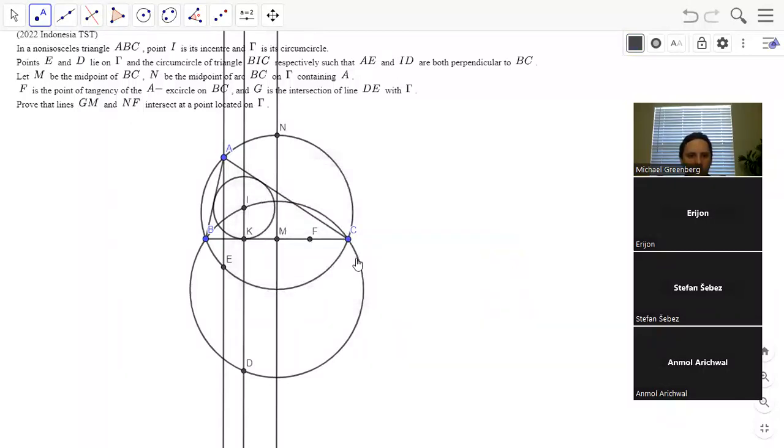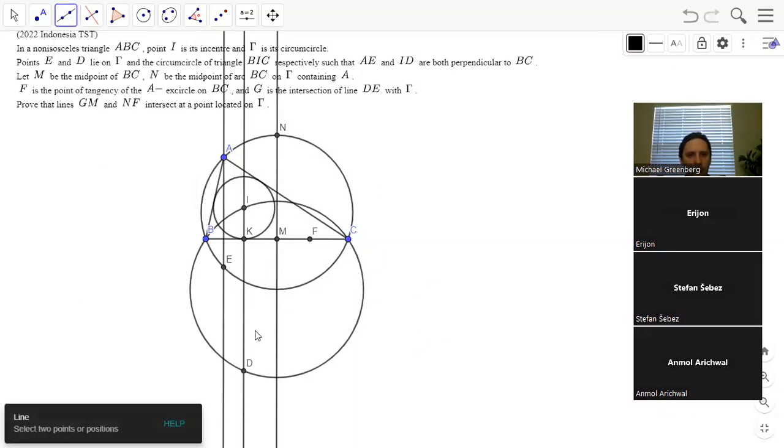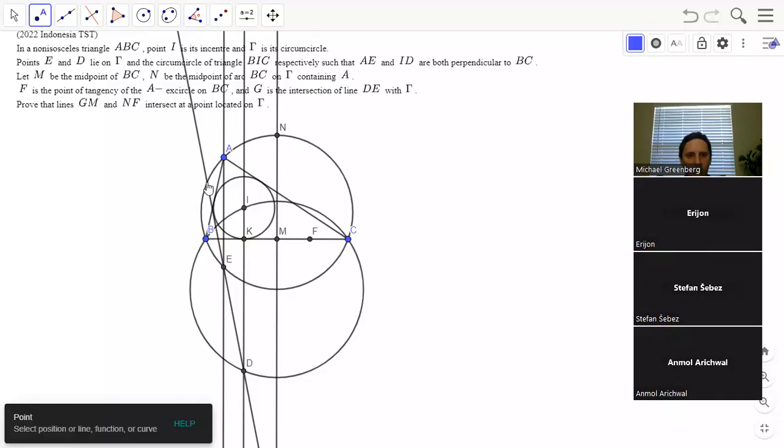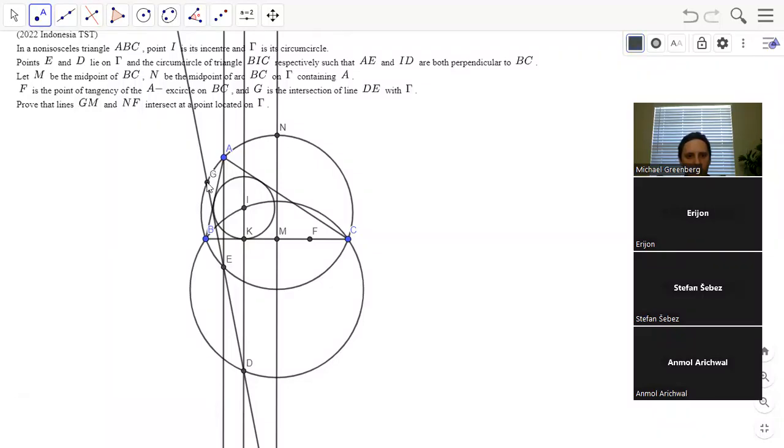What is G? G is the intersection of DE with this, this should be G. I want to show that GM and NF intersect on the circle. Let's give this a name.